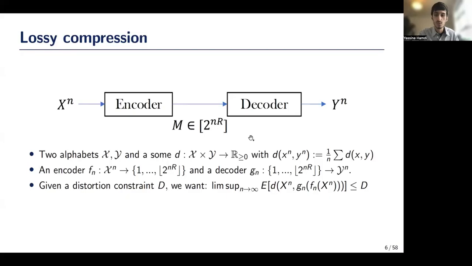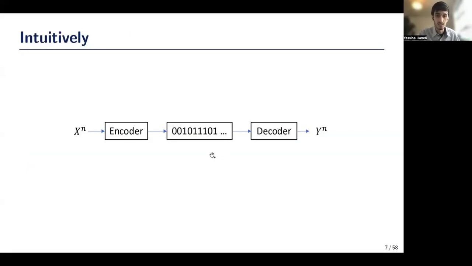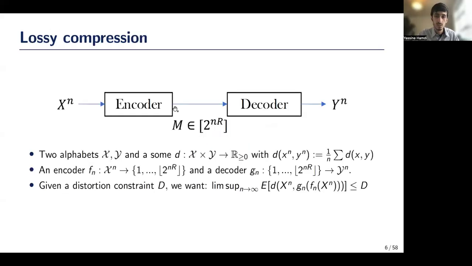Before explaining the rest of this slide, I just want to give you an idea. Essentially what we're doing is that we wonder how many bits, how many zeros and ones, we need to encode or to compress the initial i.i.d. sequence. So the number of bits is actually the exponent here. It's n multiplied by r. Why?